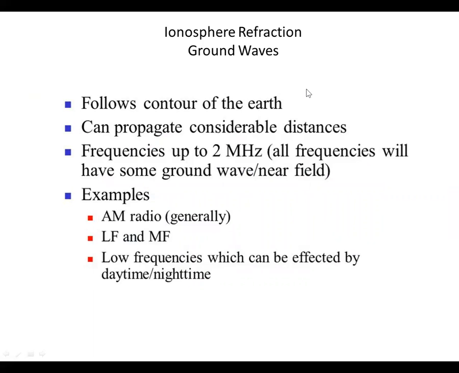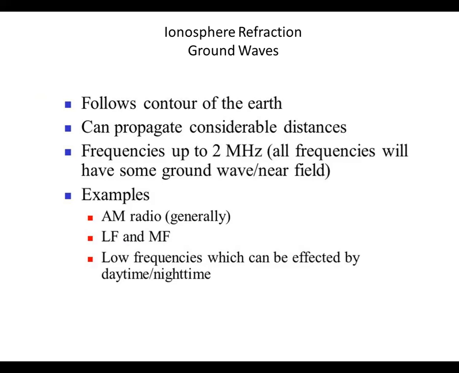So there are two types of waves that we're going to consider in propagation. The first one is ground waves. And generally, the ground waves follow the contour of the Earth. They can propagate considerable distances, and I'll show some examples of that a little later. Frequencies up to 2 megahertz.